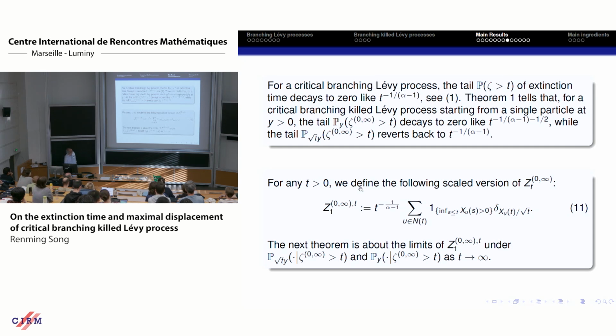Then we're going to talk about the limit of the scaled process under the conditional laws, under the condition that the extinction time is larger than t. One result is about initial position square root of t times y, the other is about fixed y. Again, the result will be a little different in these two cases.